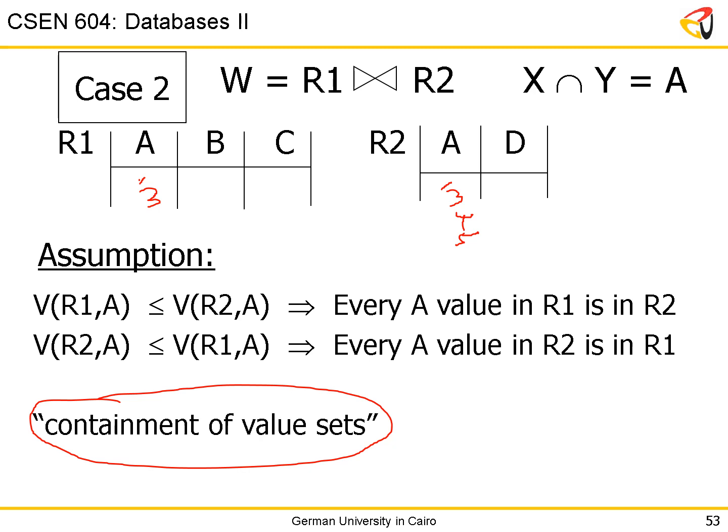Unless you have some data anomaly, whatever appears in the foreign key column must appear in the primary key column. If you see the number 10 in the foreign key, it has to appear as a primary key in the other table. This is called containment of value sets. One of them is contained in the other. The foreign one is contained in the primary. This is what we're trying to say here as well.